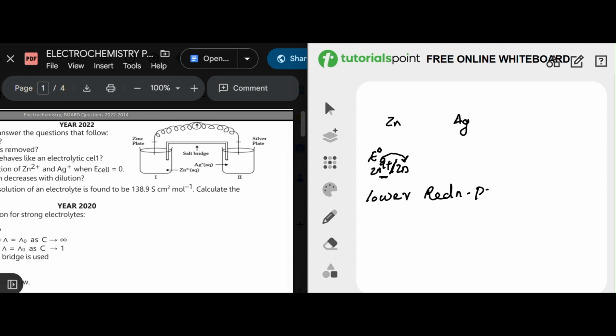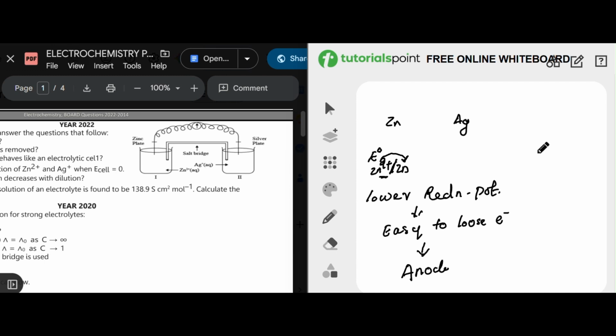Lower reduction potential means it is not easy to gain electrons, it is easy to lose electrons. The element will easily lose electrons, and which is easily losing electrons will be anode.